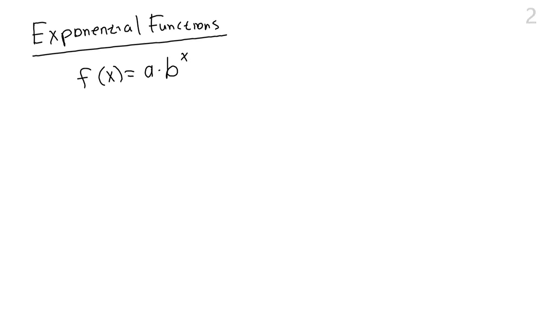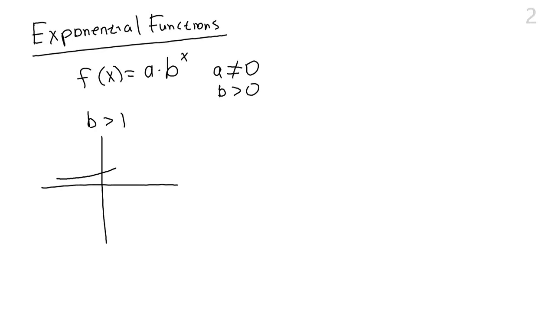There is an x in the exponent, and the condition is that a is not 0 and b has to be greater than 0. If b is also greater than 1, then we have an exponential growth situation, and the graphs all look like this. So this is exponential growth.